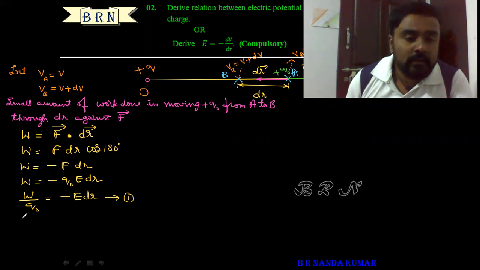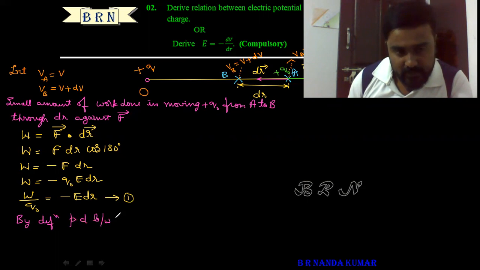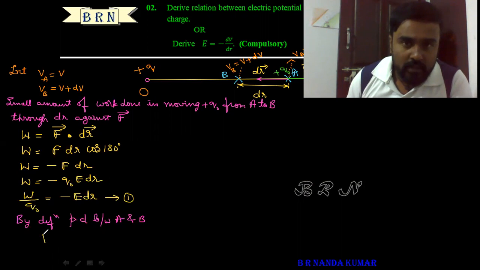Now by using the definition of potential difference between A and B, VB minus VA is equal to W by Q naught.